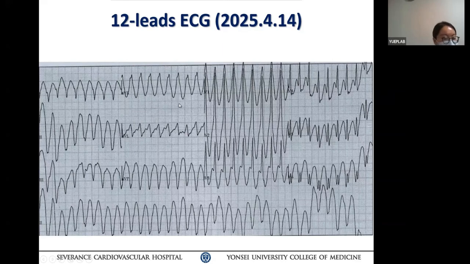Now, what is the evidence that you have for VT here? Why did you read VT? That's what I'm asking. Not just QRS morphology, but any other convincing evidence that this is not an aberrancy or any other form of tachycardia, delta wave, for example, pre-excitation tachycardia. Do you have any evidence of that?